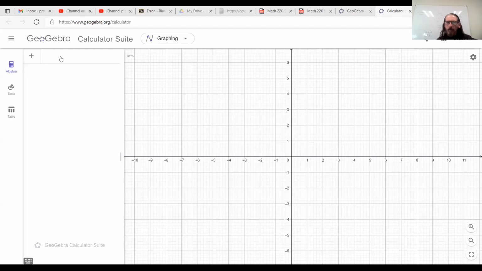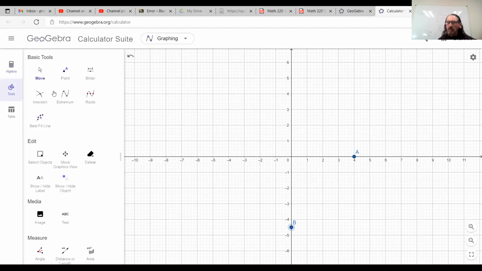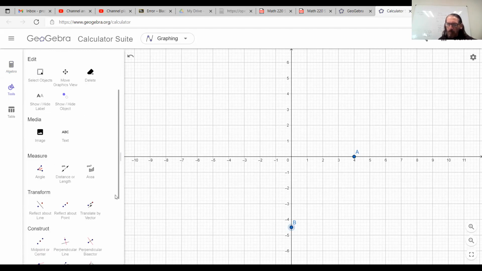So, for line 1, plot 4, 0. Got that right there, point A, and 0, -4.5. I'm okay with writing that as a decimal because it terminates. And then connecting. Been a little while since I used this feature, but let me see if I can still do it.